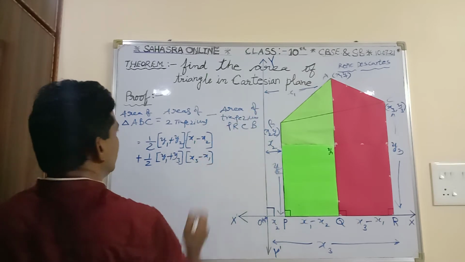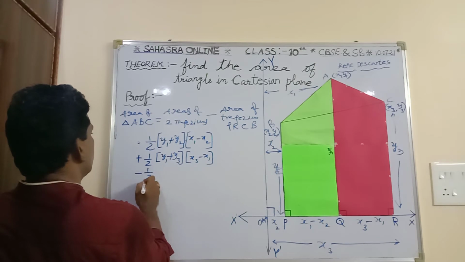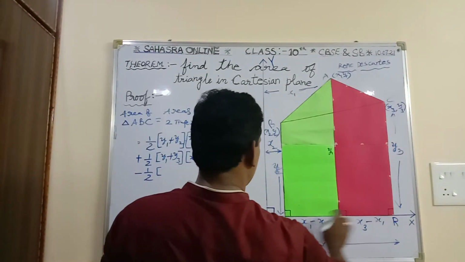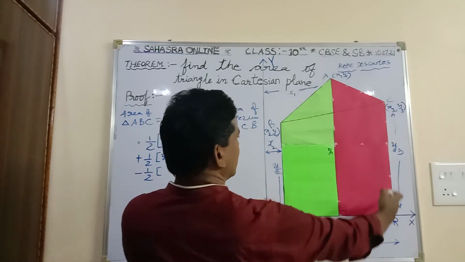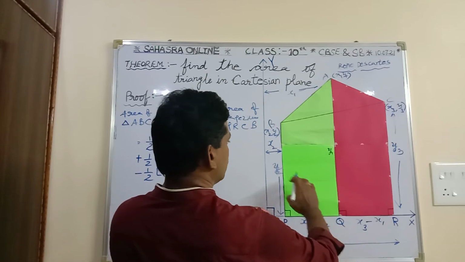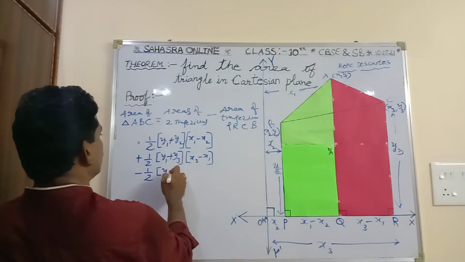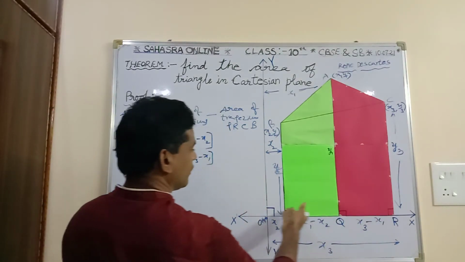So finally area of trapezium PRCB: here these two are parallel sides, so (y2 plus y3), and distance between them, how much?